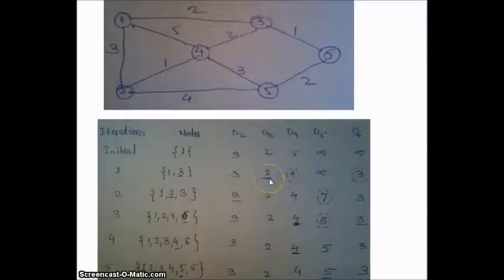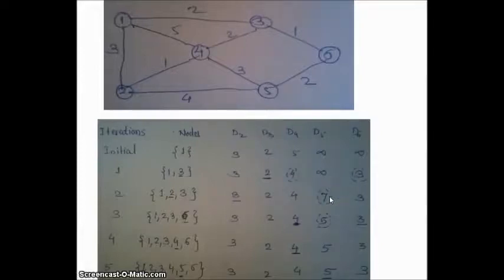Why? Because it is directly connected and that is the least count for that node. So 2 remains as it is up to the last step. Now for node number 4, if you go through node number 2, the total distance will be 4, and the previous distance was also 4, so it is kept as it is.